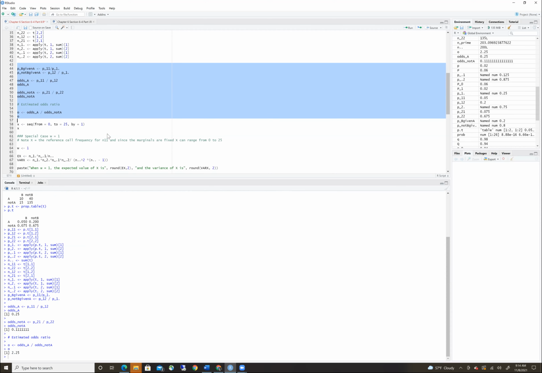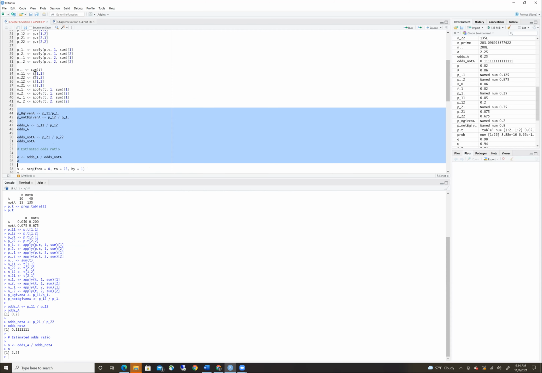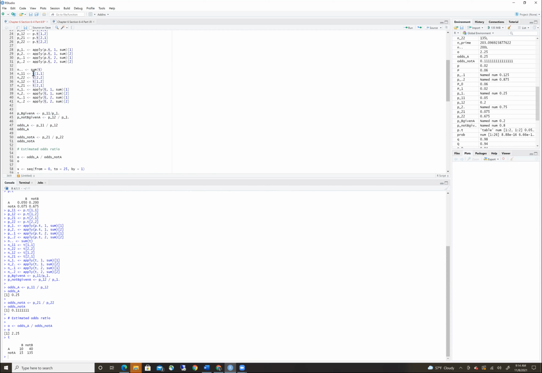And here, if we look at T one more time, we can see that the marginal for A adds up to 50, whereas the marginal for B is 25.